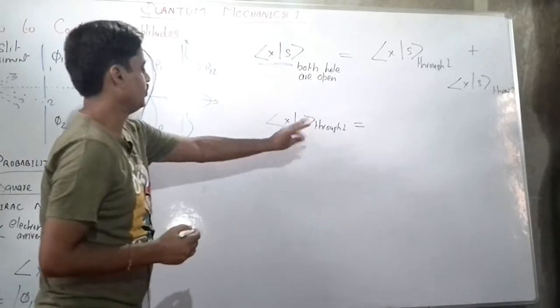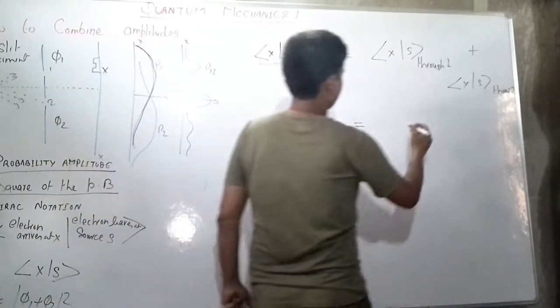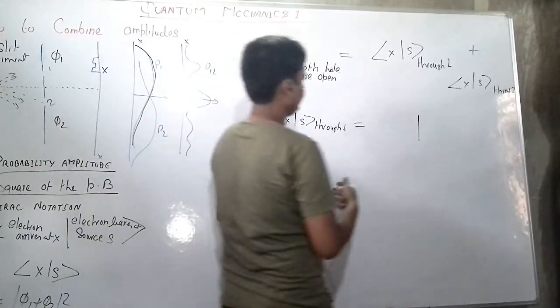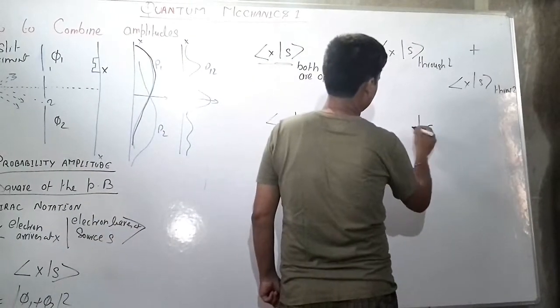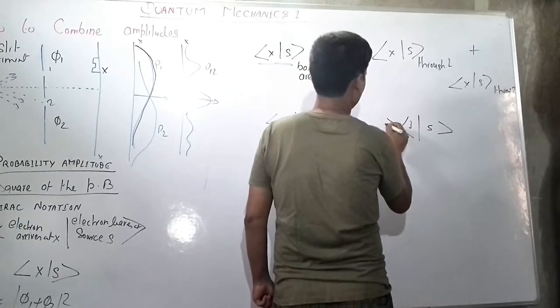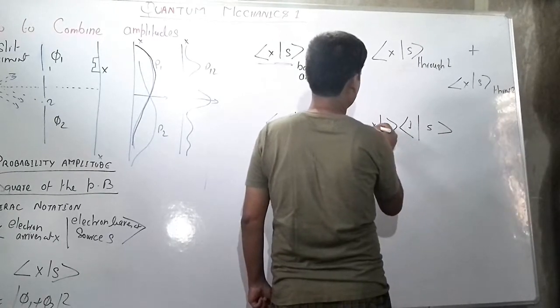When only one hole is open, we can write it as S to 1 and again 1 to X.